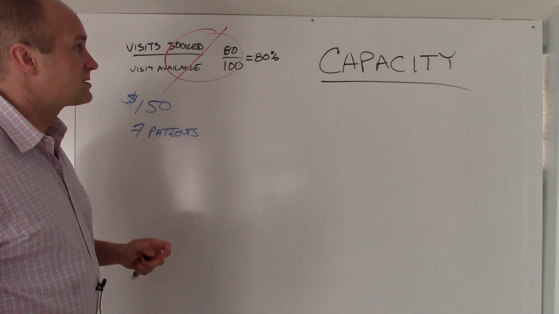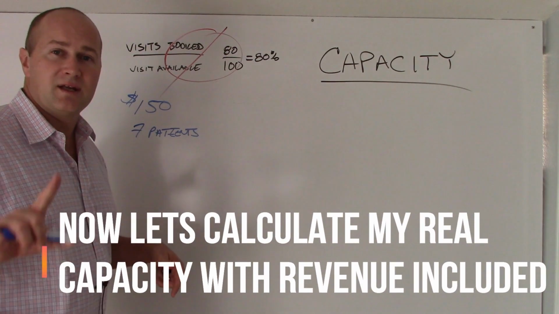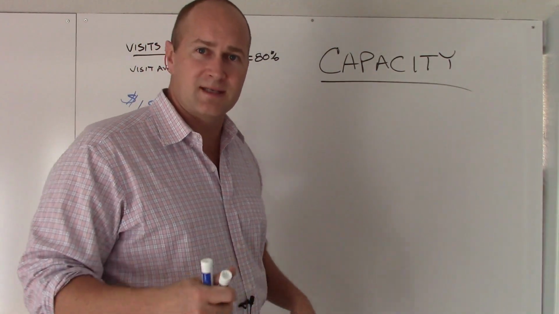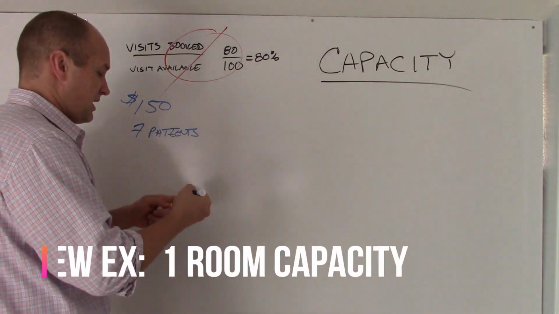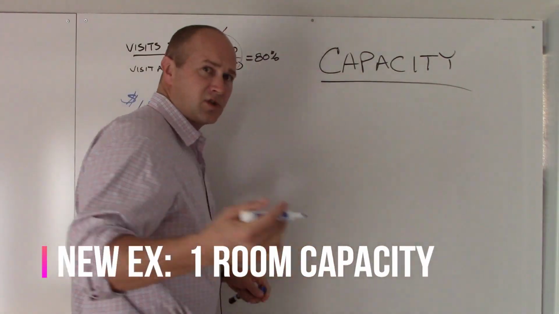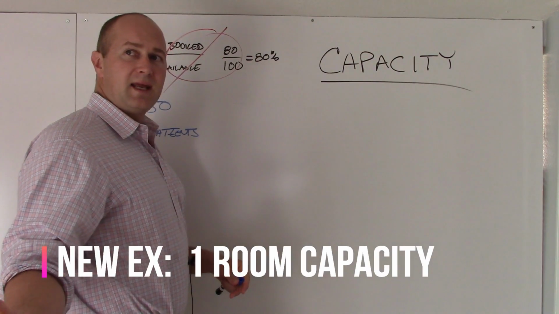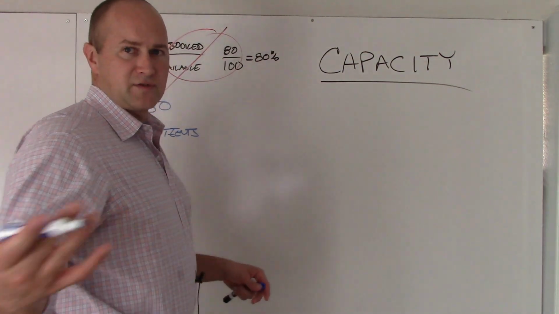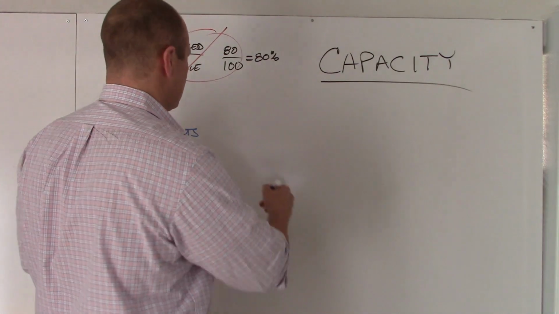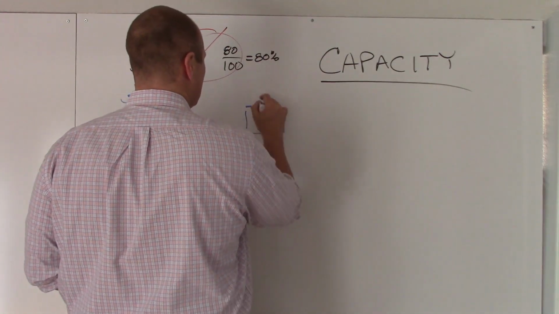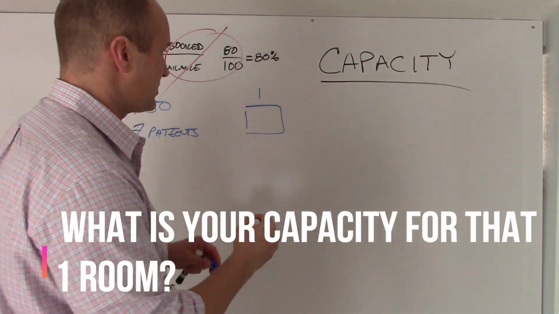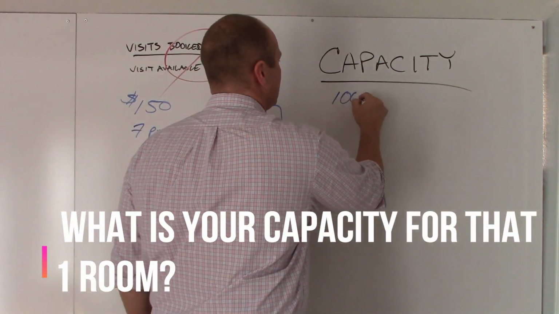Knowing this, let's just say I have 1 treatment room. What's an example of full capacity? Say you're just starting up and you're only treating in 1 single room, maybe in a CrossFit gym, or you're leasing space. What is 100% capacity?